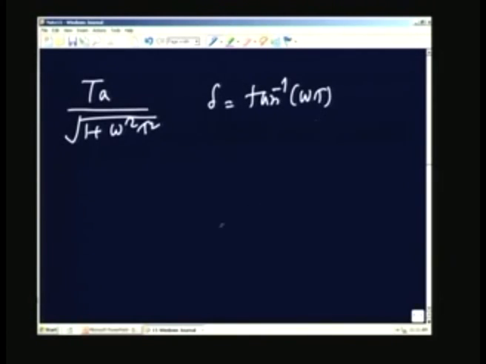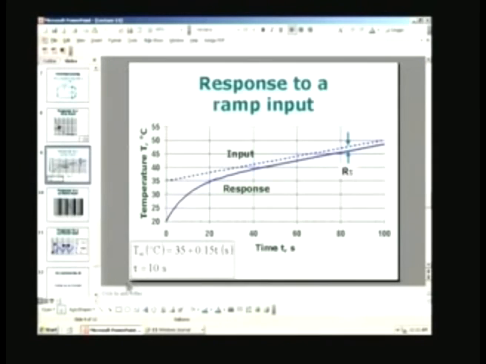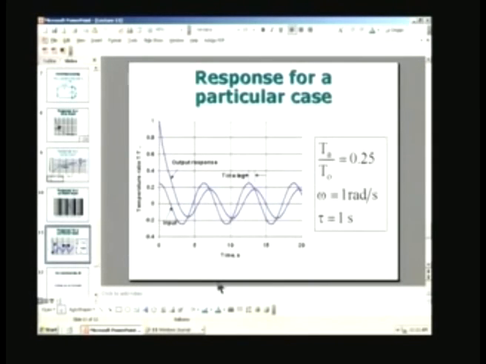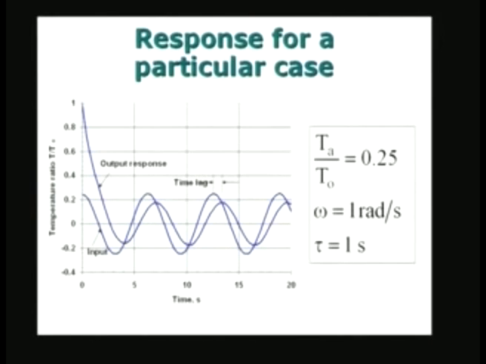And in fact, I have worked out a simple example to show what is going to happen in the case of a response to a cosine input, as we said. So, I have taken a specific case, T A by T naught equal to 0.25, omega equal to 1 radian per second, and tau equal to 1 second, and you see the temperature starts, this is the input which varies like this, and the response of the system is following the other curve.